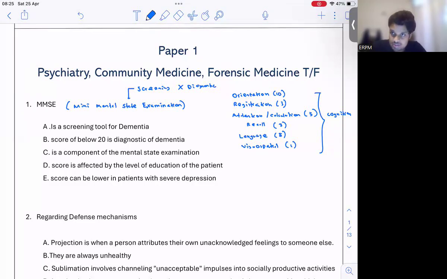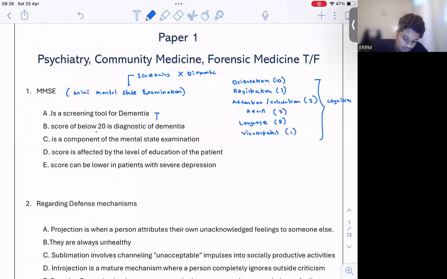Then low education. Likewise, there are certain other conditions which can give rise to lower scores. Therefore, having a low score in MMSE is not diagnostic of dementia. It's diagnostic of only impairment in cognition, not dementia. That's very important. So it's a screening tool for dementia. That is true.